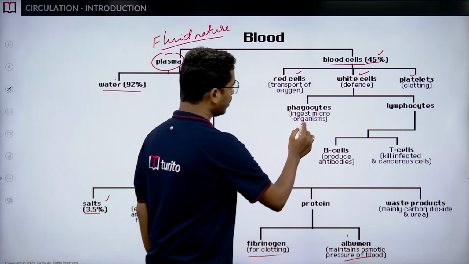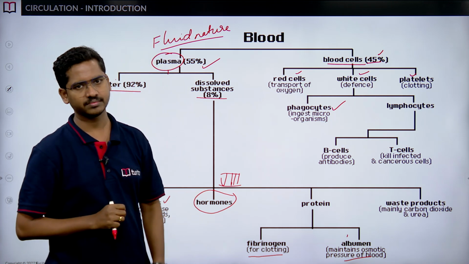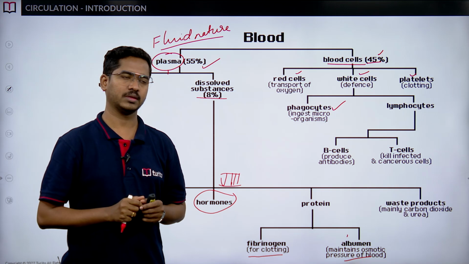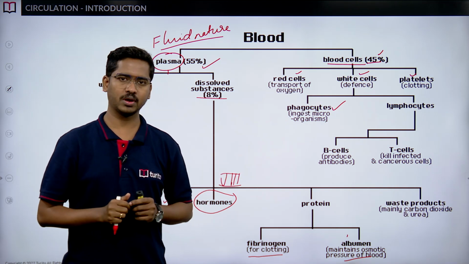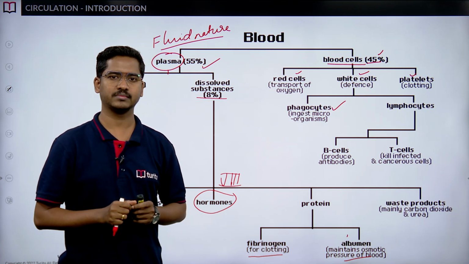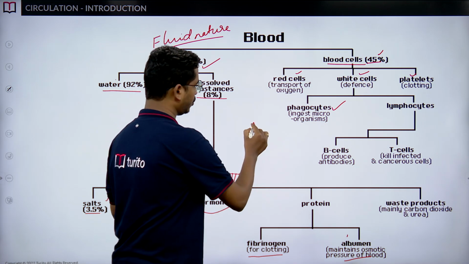If you observe, there is one particular type of WBC known as phagocytes. That means it is highly linked with an organism called amoeba. You know how amoeba engulfs food? Obviously, false feet, pseudopodia, right.